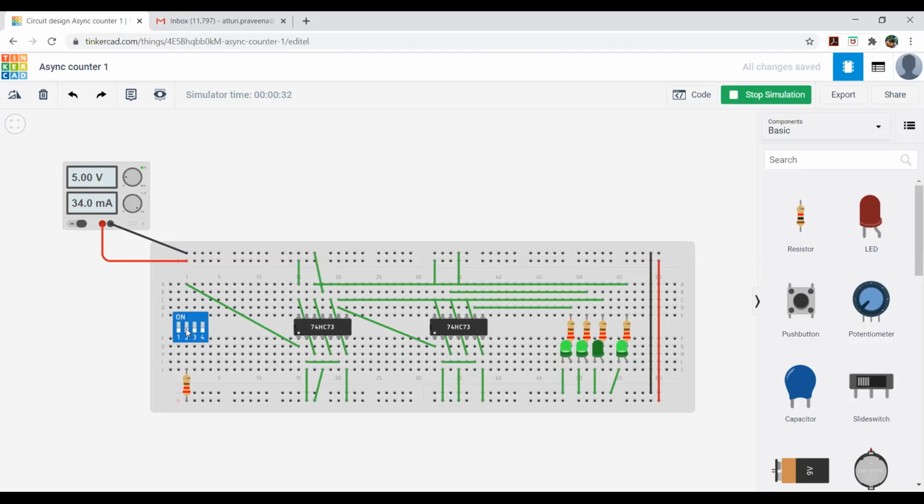So once it reaches the maximum count of 15, it will again reset itself to 0. So this is how you can perform the experiment in Tinkercad. Please make all the necessary connections, and then you need to verify your output.